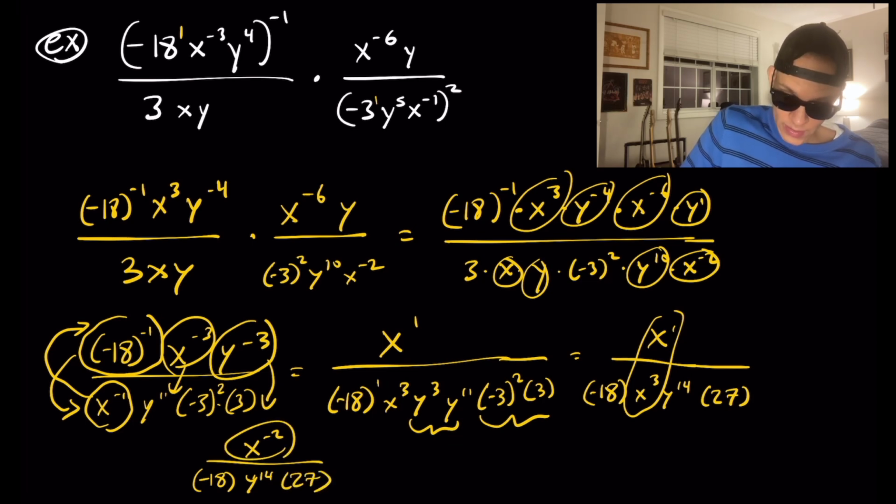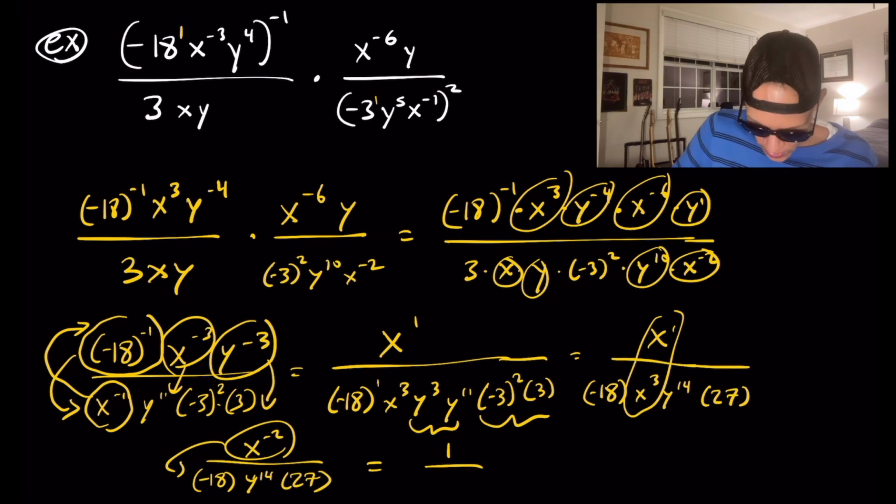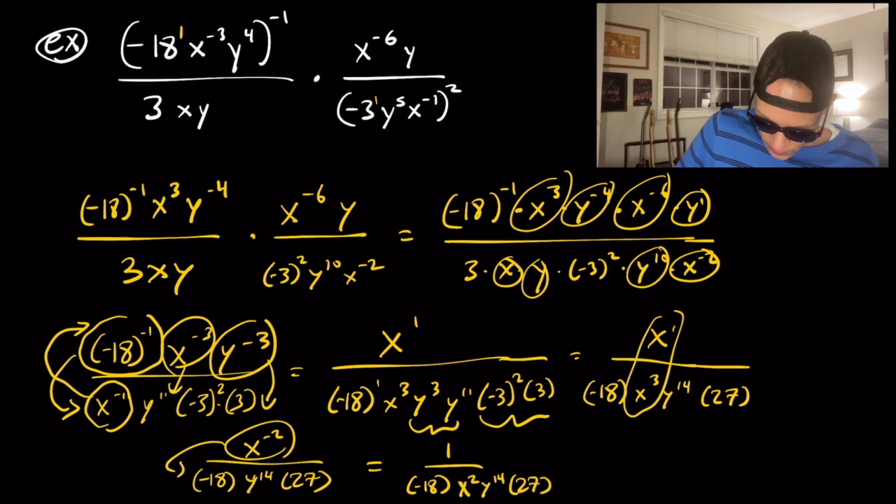Now this x to the negative 2nd is going to come down. So we're going to have nothing in our numerator, but when that happens, it's understood that there's a 1 now in the numerator. So I have 1 over negative 18, actually I'll put x next, x squared y to the 14th times 27.